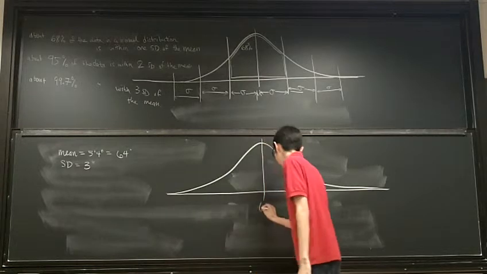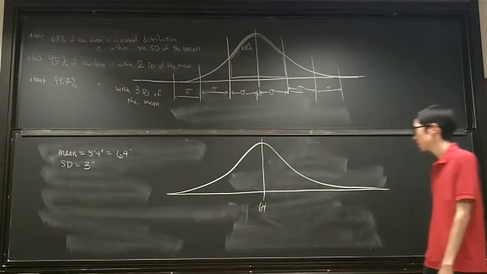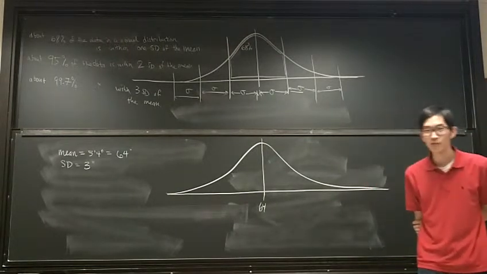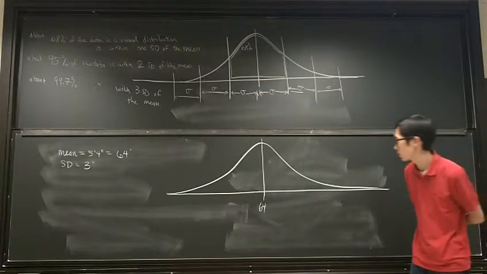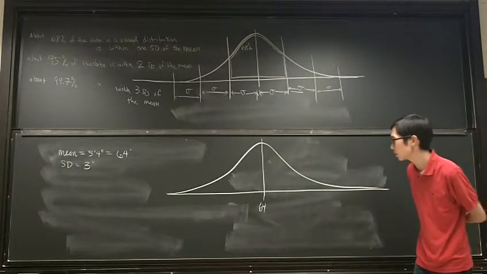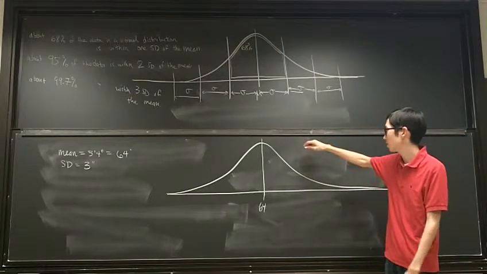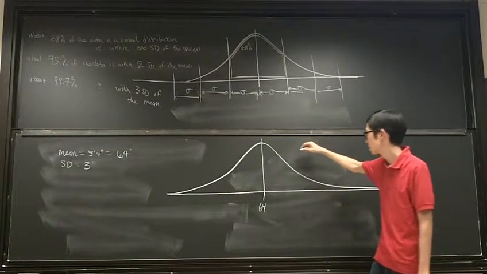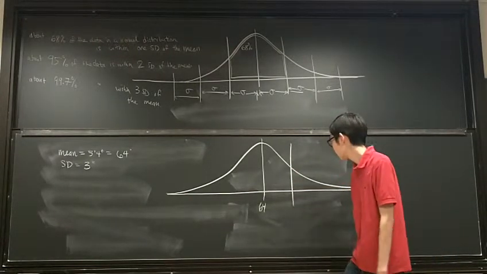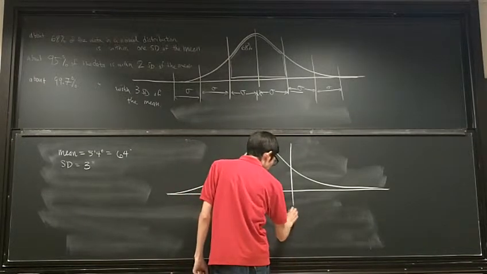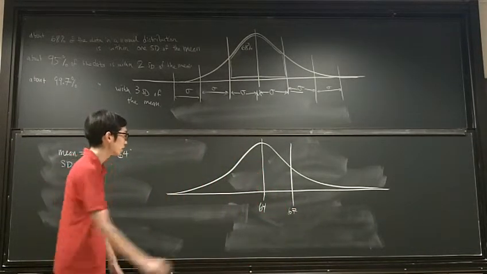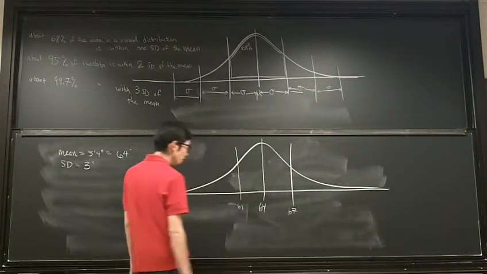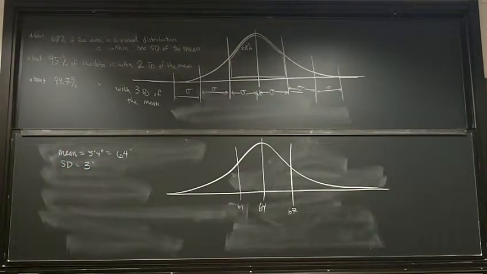Just double check, about what percentage of women are taller than 64 inches? About 50%. Now if I go up 1 standard deviation, how tall is a woman who's 1 standard deviation above the mean? 67 inches, or 5'7", and 1 standard deviation below the mean, her height would be 61 inches.